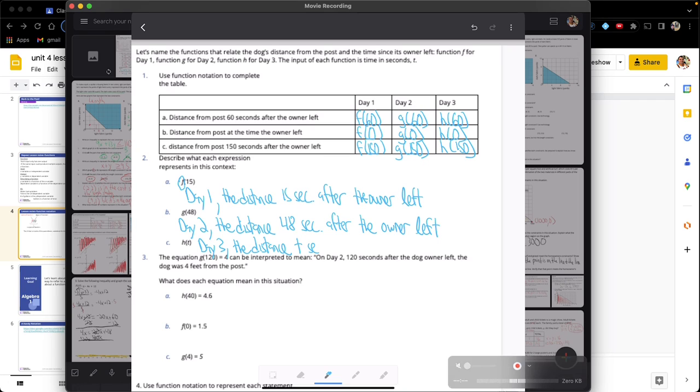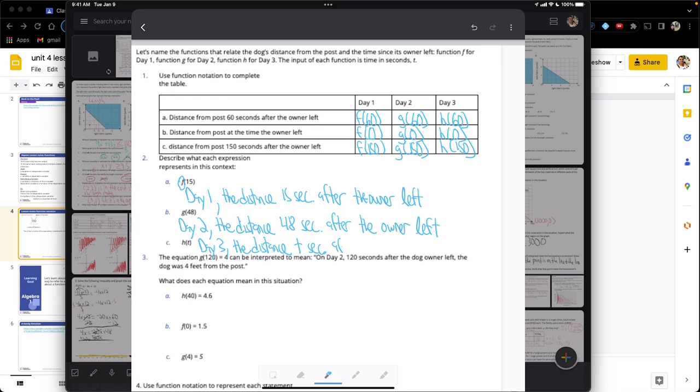So this is going to be the distance t seconds after the owner left. So the function tells me the day, and the number in the parentheses tells me the time. Okay, so that's number 2.